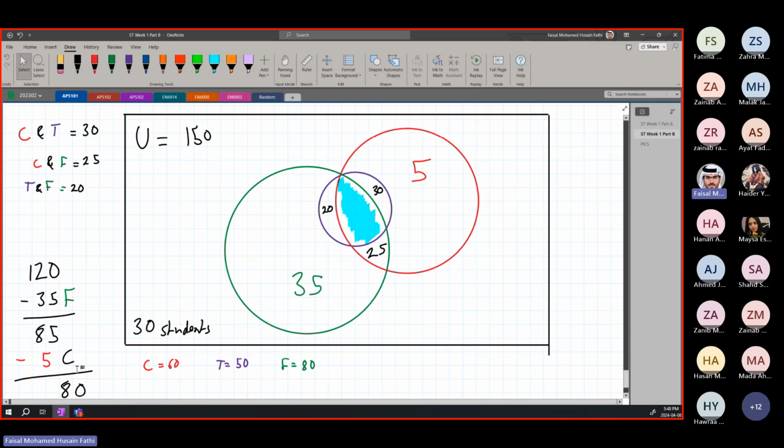So we're going to have 80 students that don't only like football or only like cricket. There has to be 80 students that like both or more, that they can either like within this region in the middle.